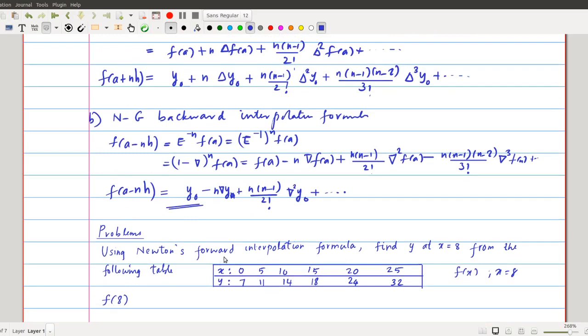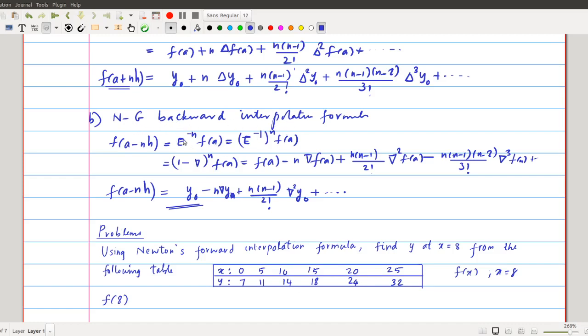So if this 8 comes from the first part of these subintervals, we use the forward interpolation formula to evaluate f of 8. That means we compare this f of 8 with this formula. Suppose in order to evaluate the value of f at x equal to some 23 or 17, we will use the Newton-Gregory backward interpolation formula.